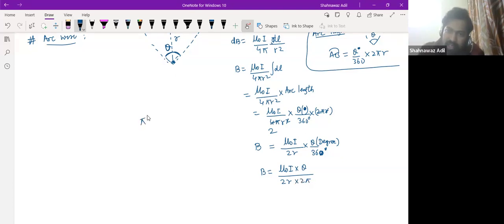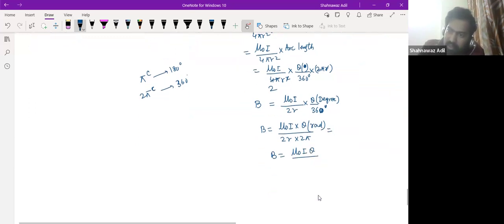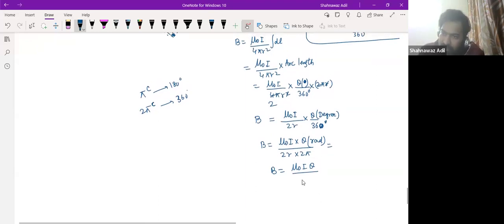Pi radian is 180 degrees. We represent it in this way, but we have to understand that this theta is in radians. Remember, this is very crucial. Then we can write this as B equals μ0 I theta by 4 pi r, and this theta is in radians.